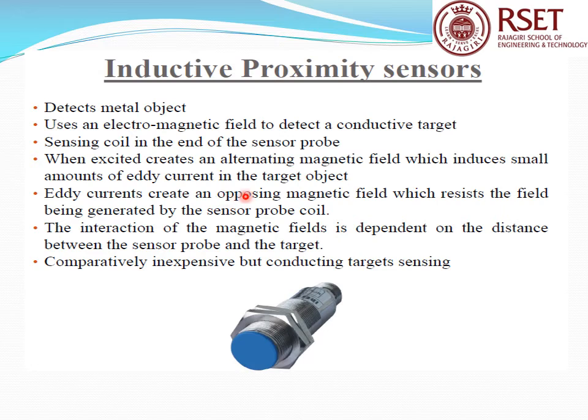Eddy currents create an opposing magnetic field which affects the field being generated by the sensor probe coil. The interaction of the magnetic field depends on the distance between the sensor probe and the target. Basically, it is inexpensive, but the requirement is that it needs a conducting target.